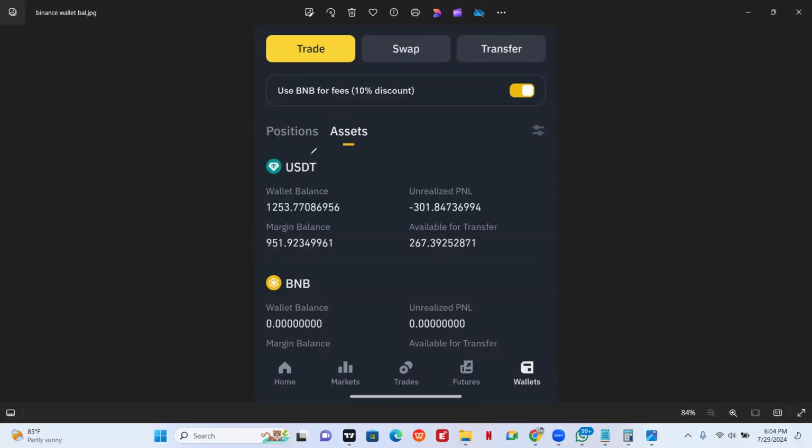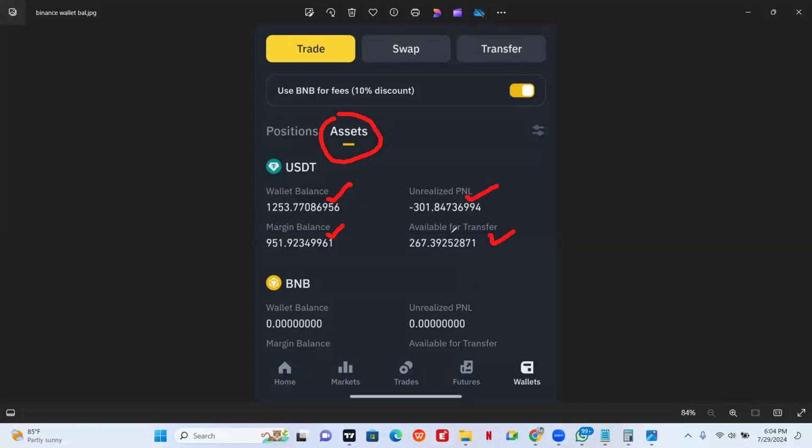I'll explain this and also explain Bybit, but they're almost the same thing. Now you will see wallet balance, margin balance, unrealized P&L, and available to transfer.